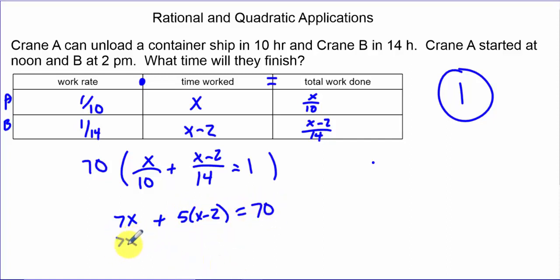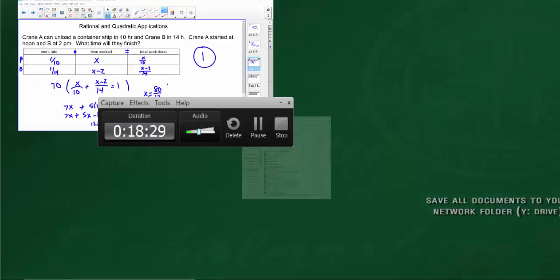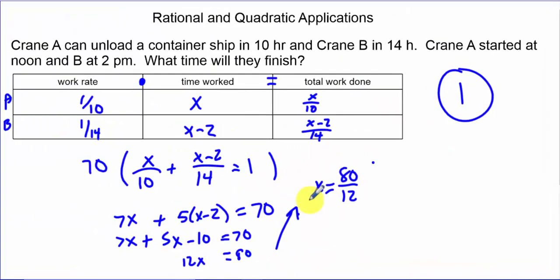So this is 7x plus 5x minus 10 is equal to 70. I have 80 equals 12x. And then x is equal to 80 over 12, like so. We can reduce that fraction. 80 over 12 is basically 20 over 3. Whoops.